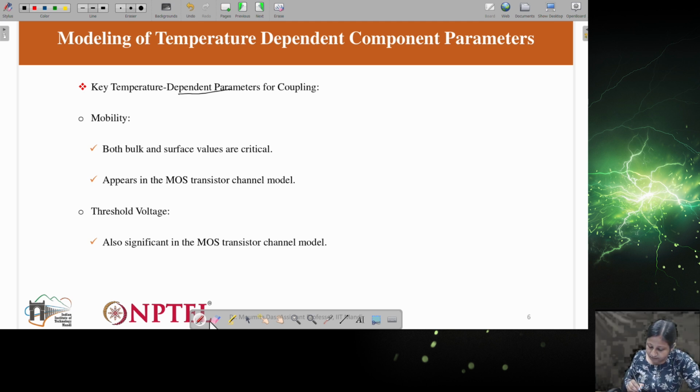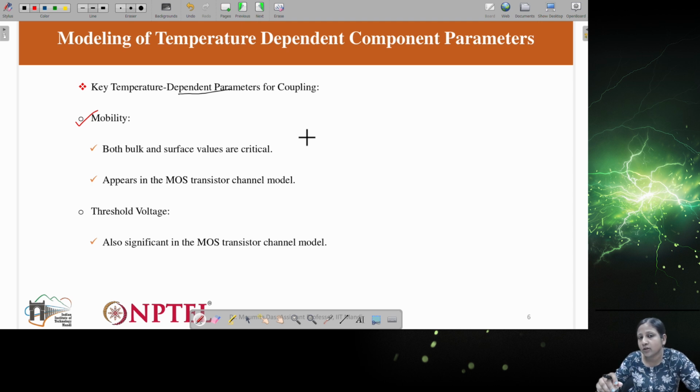Now if we have to consider these temperature dependent parameters, there are different parameters. First is the mobility. Both bulk and surface values are critical, and this appears in the MOS transistor channel model. All these parameters are related to the device. We can just go through these different components, and the device modeling part is not included in this particular course, so that can be covered in another course.